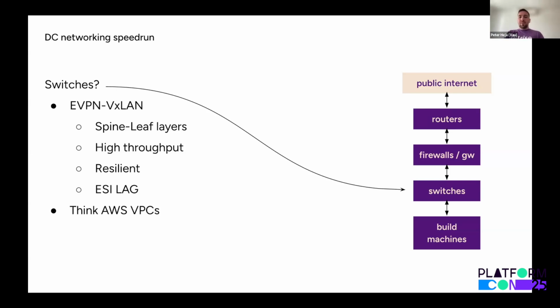And there is ESI LAG. Basically, if you are familiar with multi-chassis LAG, it's that, but with EVPN and VXLAN. So you can have multi-homed devices. No single device has to depend on a single switch. Therefore, you can have very nice resiliency once again.